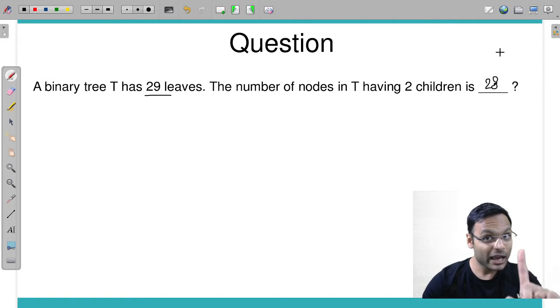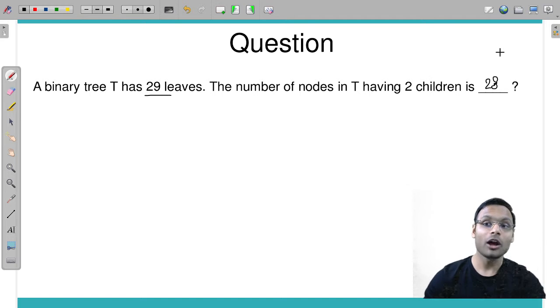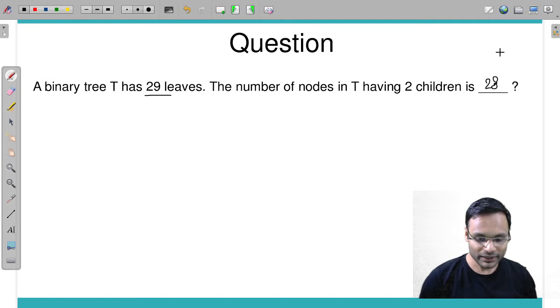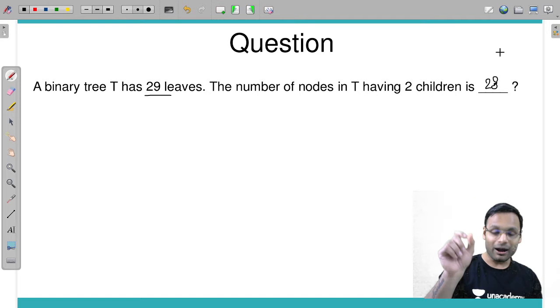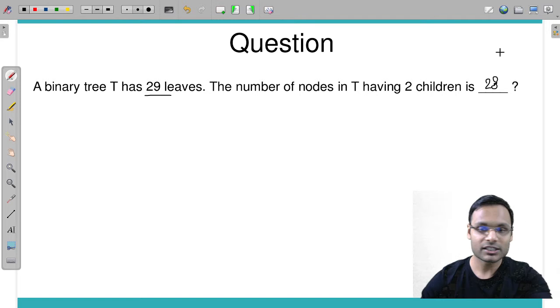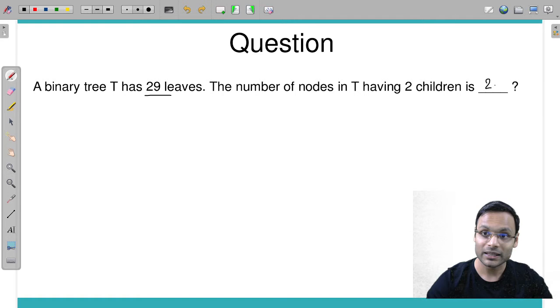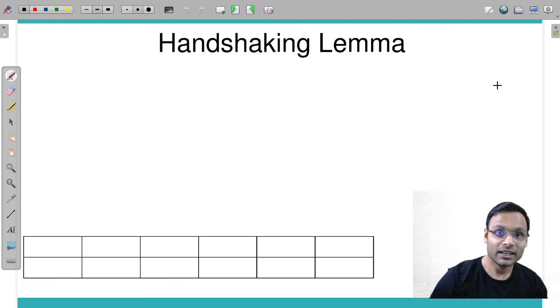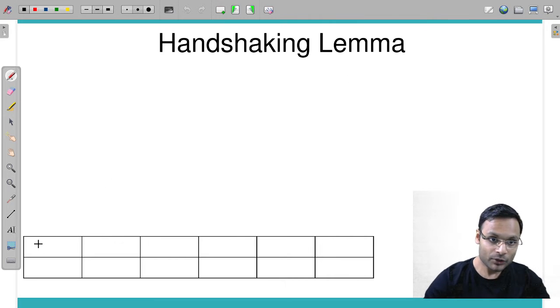How it happens, I will solve it mathematically and explain why it happens. 28 is the correct answer, but why? Look at this. There is a handshaking lemma. Initially I am taking I2. I2 means internal nodes with 2 children.